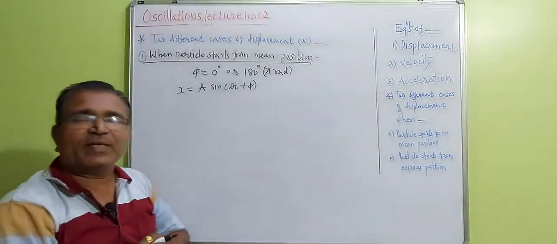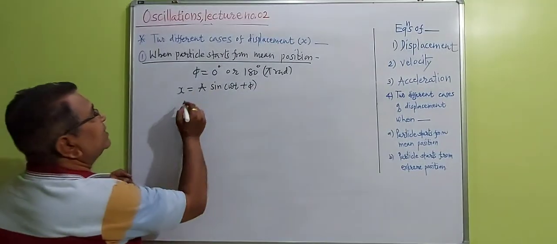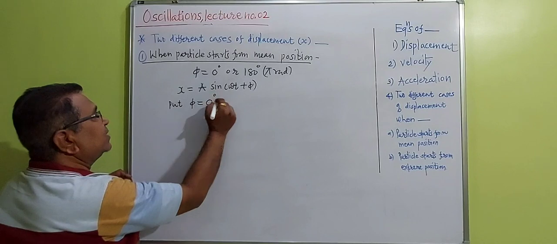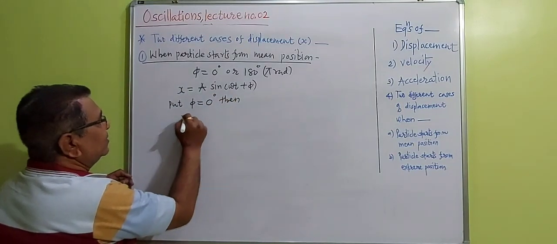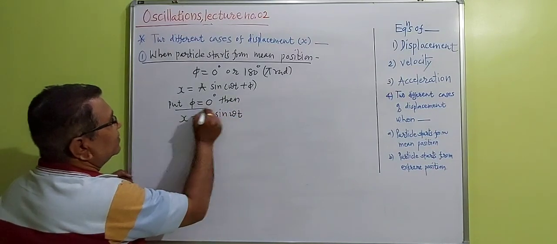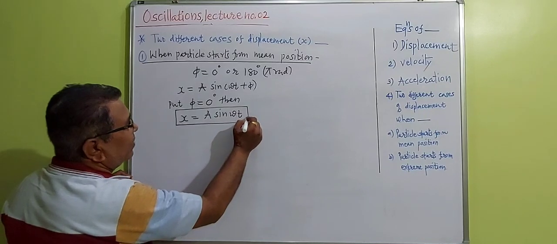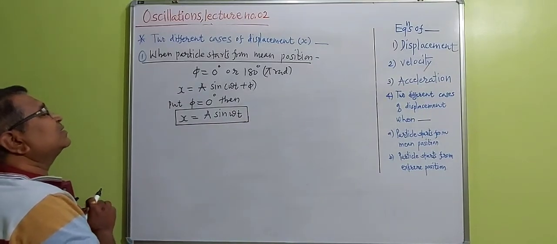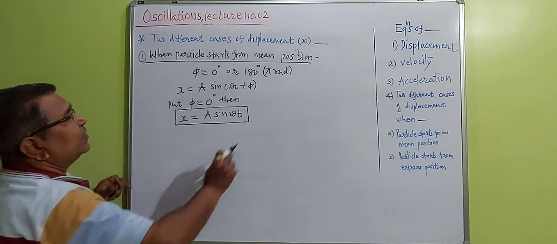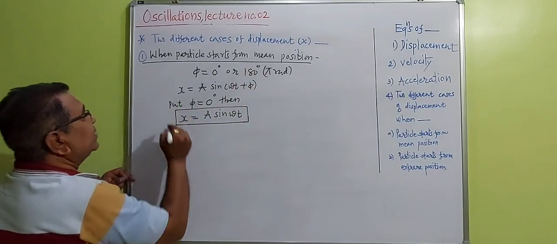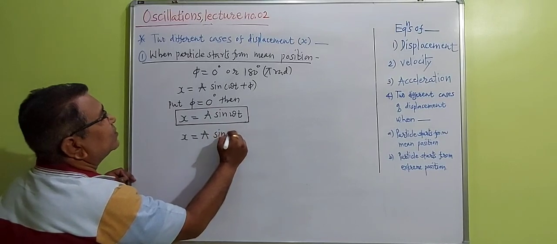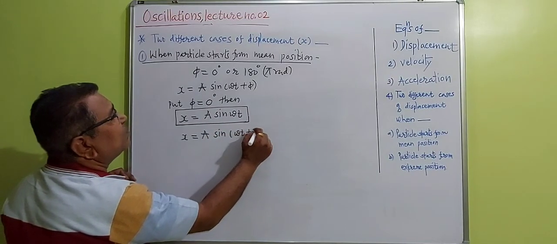Put phi is equal to 0 degree, then we get x is equal to A sine omega t. Or when phi is equal to 180 degree, we get x is equal to capital A sine of omega t plus pi.